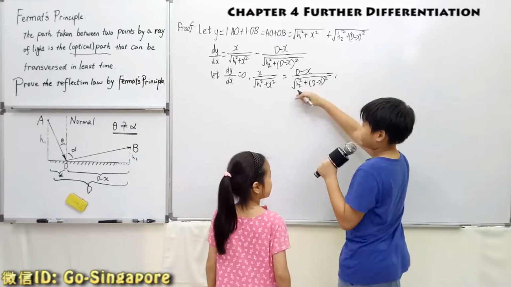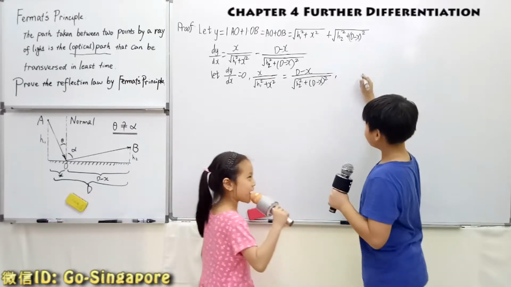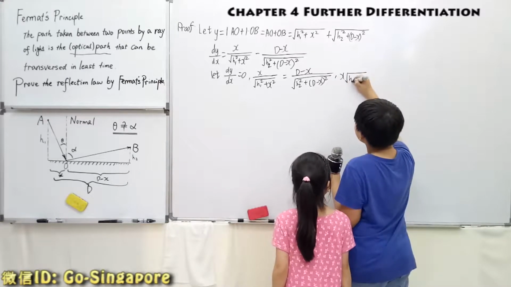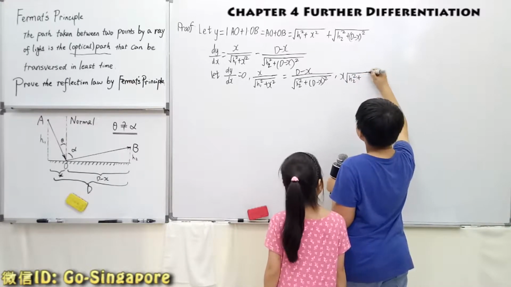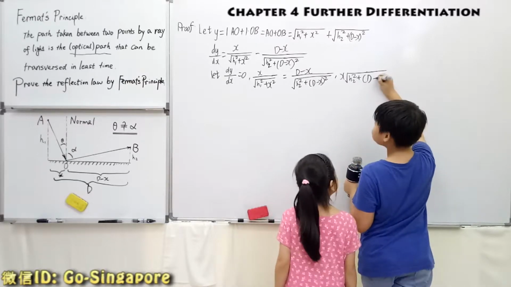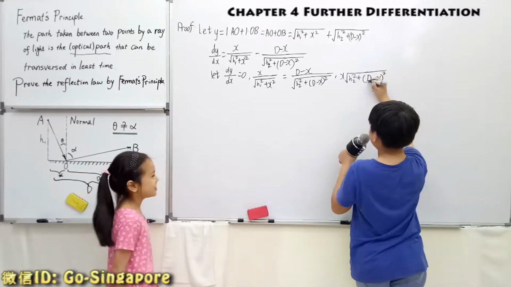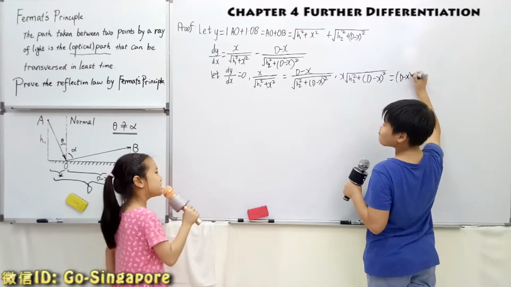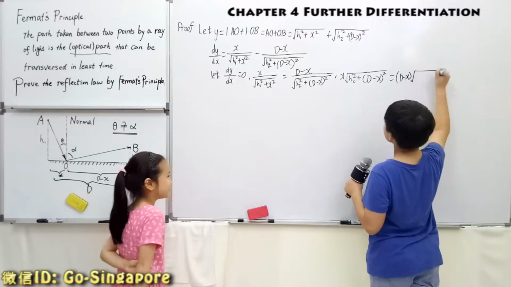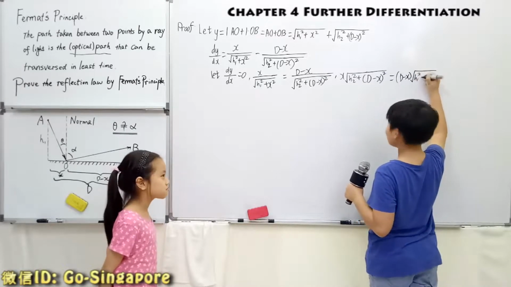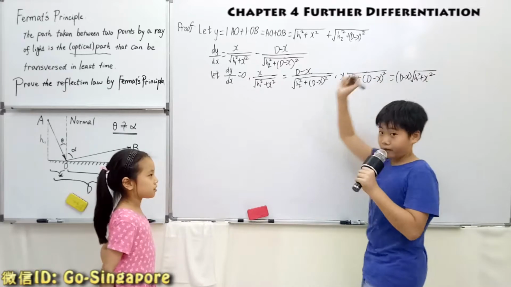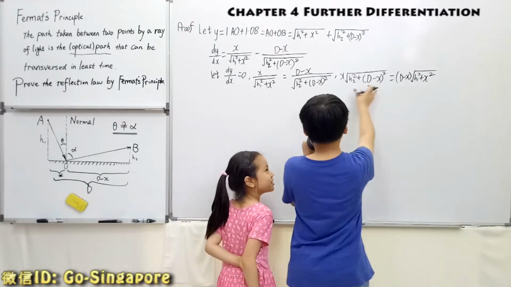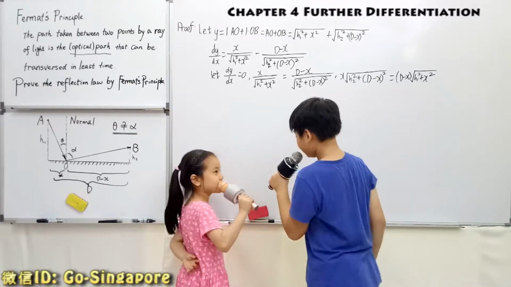Then times and times, right? Like this, am I right? Okay, so for this, both sides square.